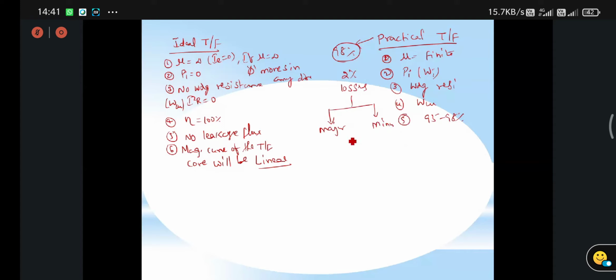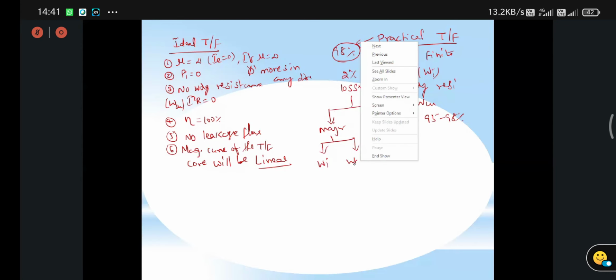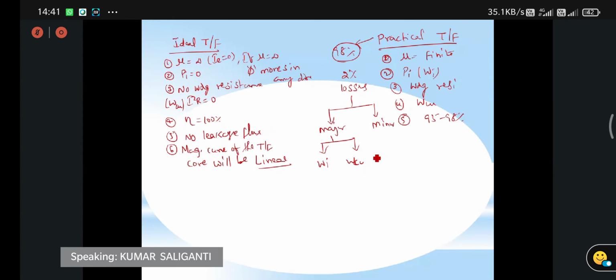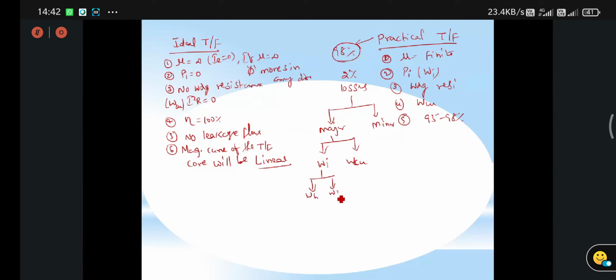The major losses are iron and copper losses.